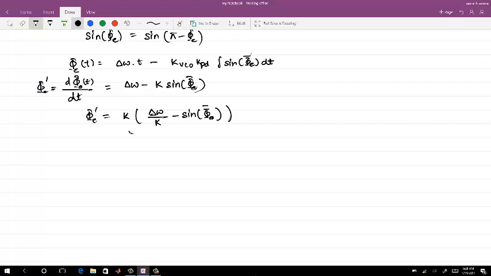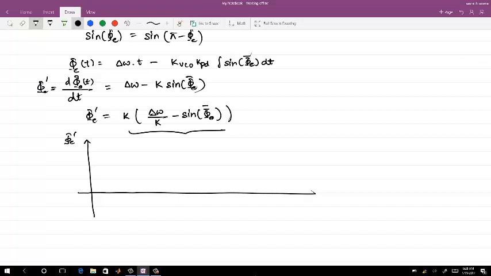This is the derivative of the phase error for any given phase error. So just plot this. I think we all know when it goes to 0, but let's see where it will actually settle. Let me plot this as phi e dot by K.